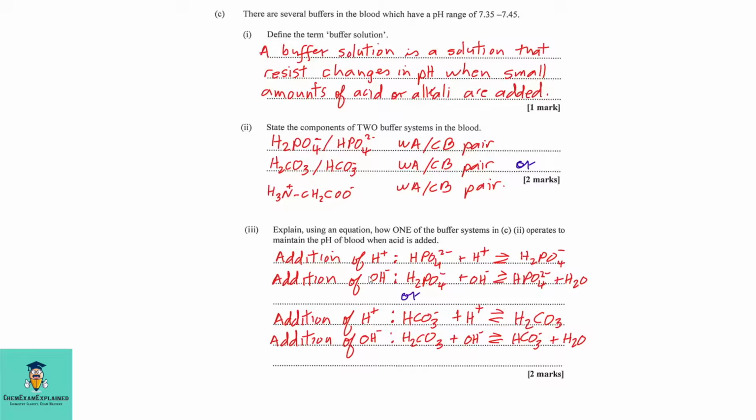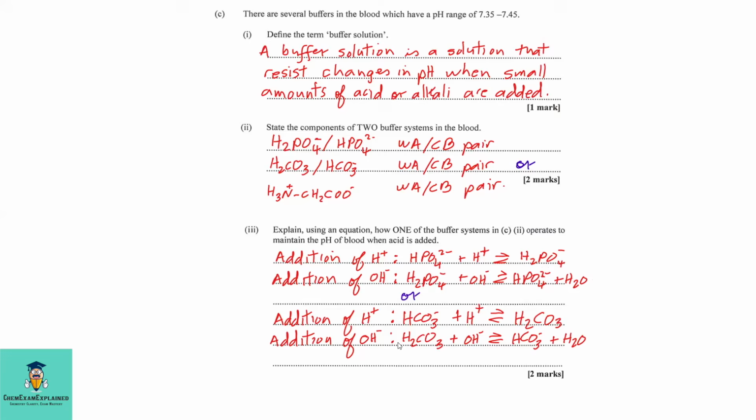If you added OH- to the buffer system, then the acid would counteract the presence of OH-. And so the acid, being a proton donor, would give up a proton to the OH-, forming water. You also form the conjugate base that was already present, hence maintaining a constant pH.